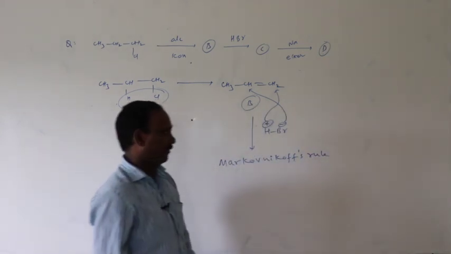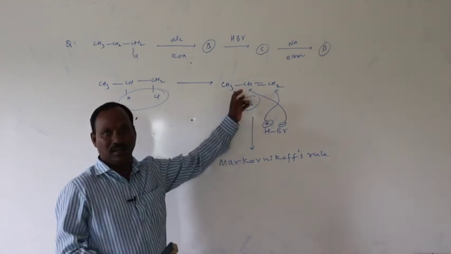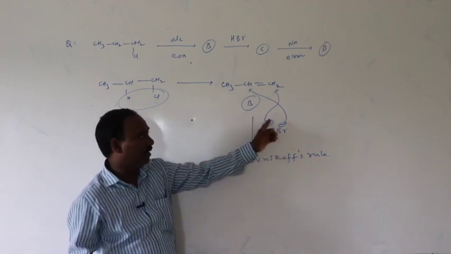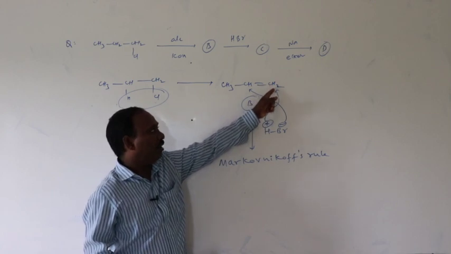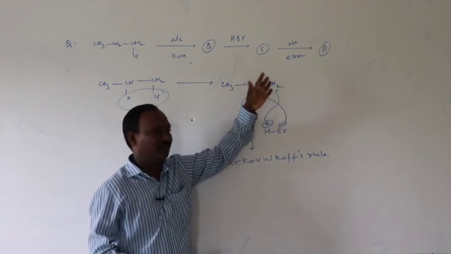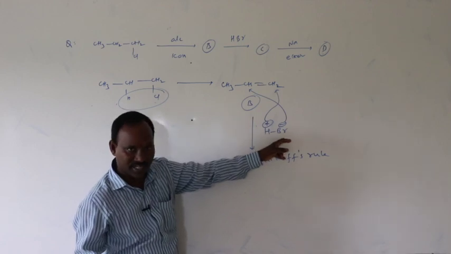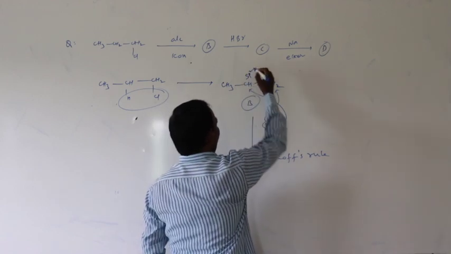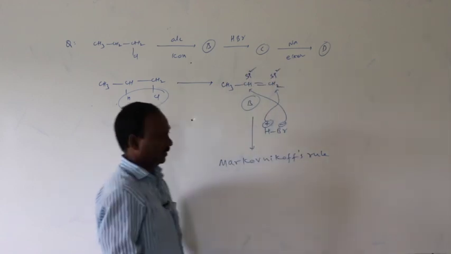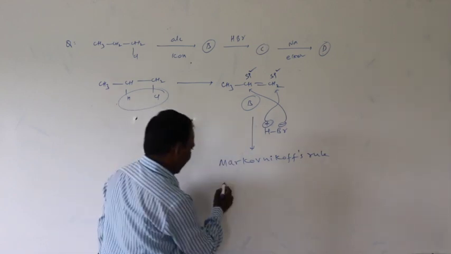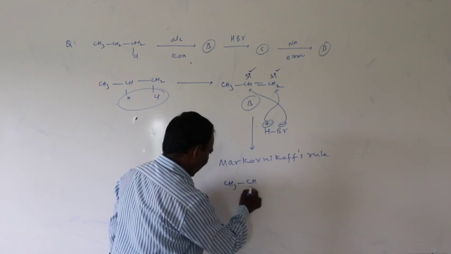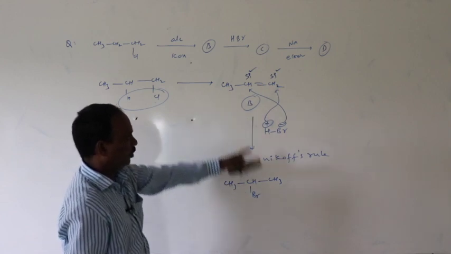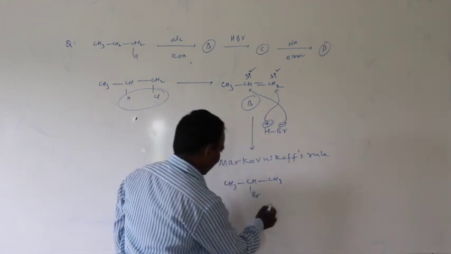According to Markovnikov's rule, when an unsymmetrical alkene is treated with an unsymmetrical reagent, the positive part adds to the unsaturated sp2 carbon with more hydrogens, and the negative part adds to the one with fewer hydrogens. So Markovnikov's product is CH3 CHBr CH3, 2-bromopropane. This is compound C.